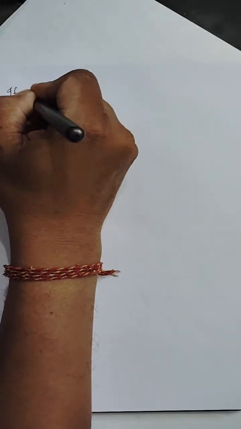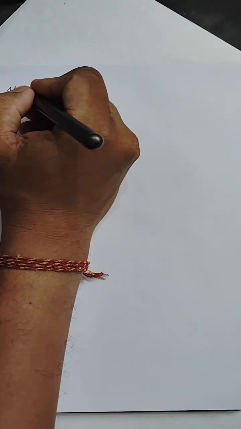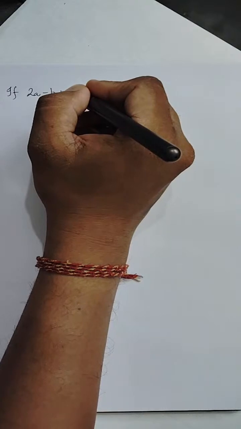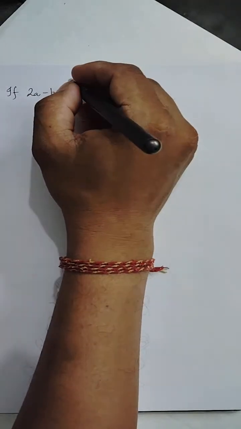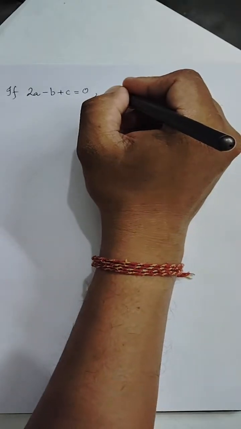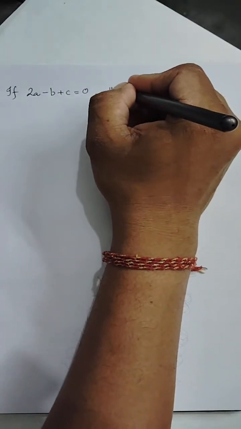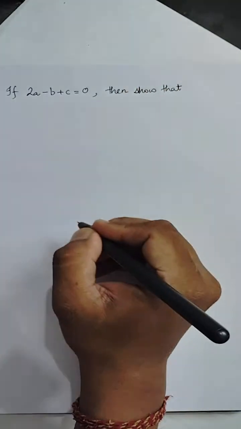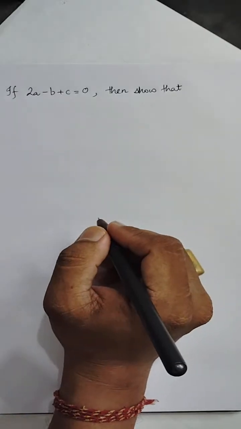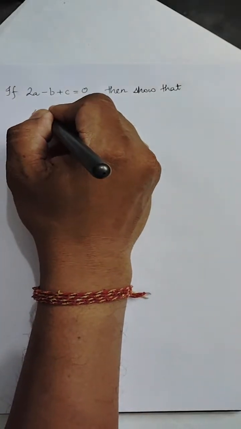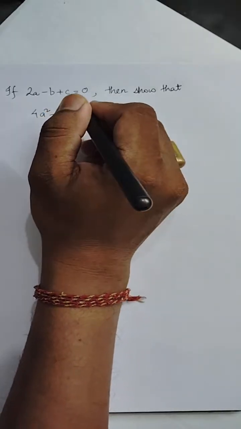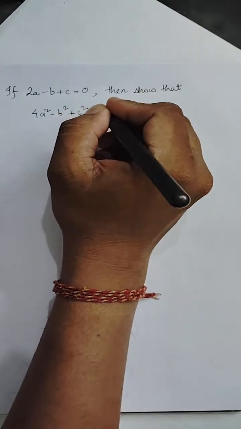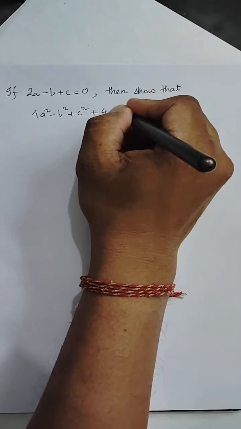If 2a minus b plus c equals 0, then show that 4a square minus b square plus c square plus 4ac equals 0.